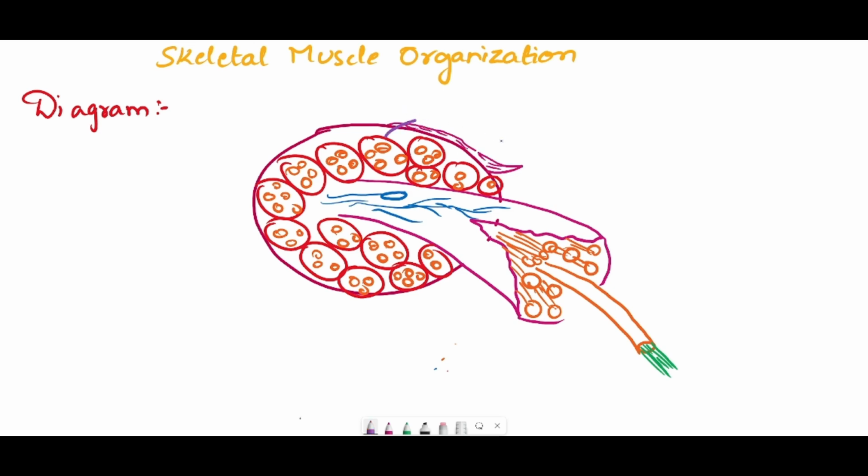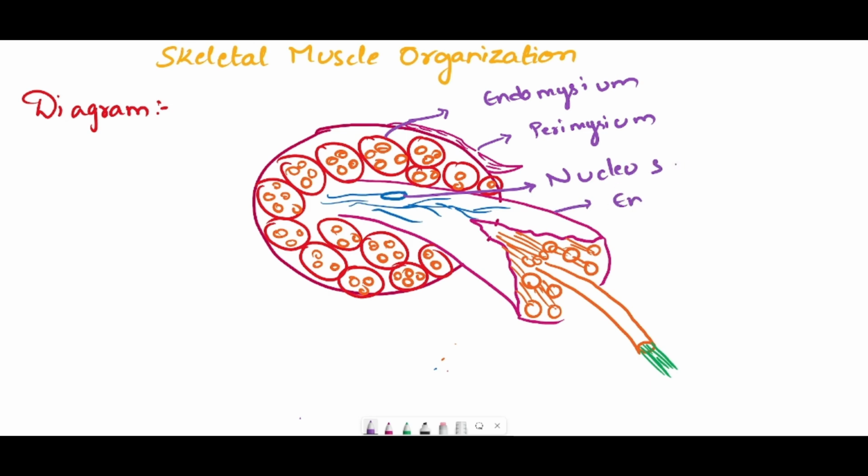Now let's try to label this. This outermost part is called the perimysium, and the inner part is called the endomysium, and these blue colored structures we will call the nucleus. And here this part is again the endomysium.